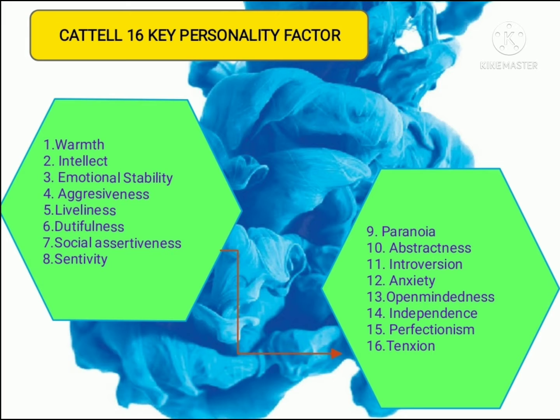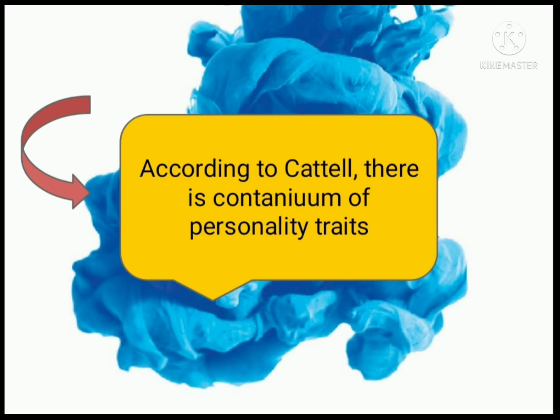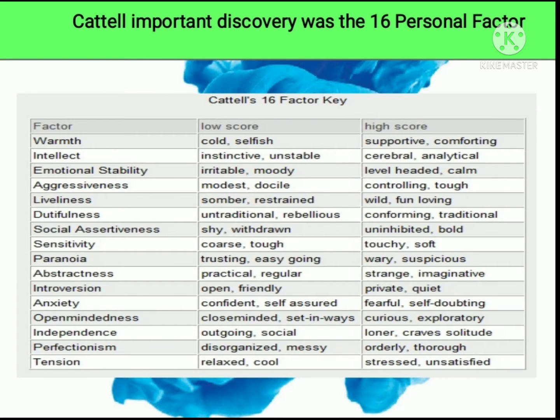The personality traits are referred to as primary factors, of which someone can be in the low range or a high range. According to Cattell, there is a continuum of personality traits. In other words, each person contains all of these 16 traits to a certain degree, but they might be high in some traits and low in others.